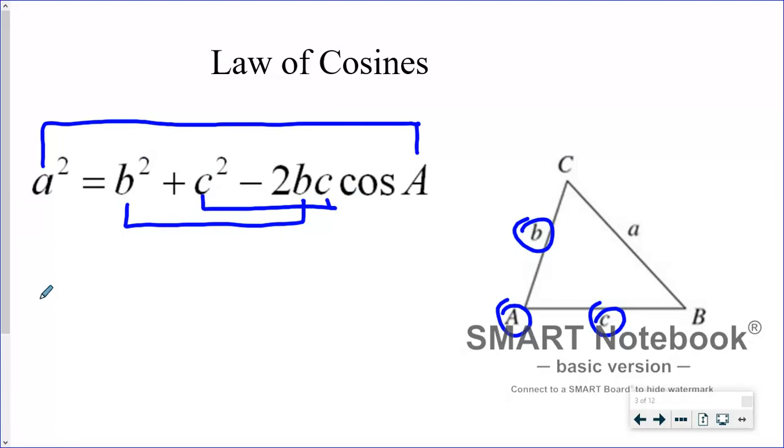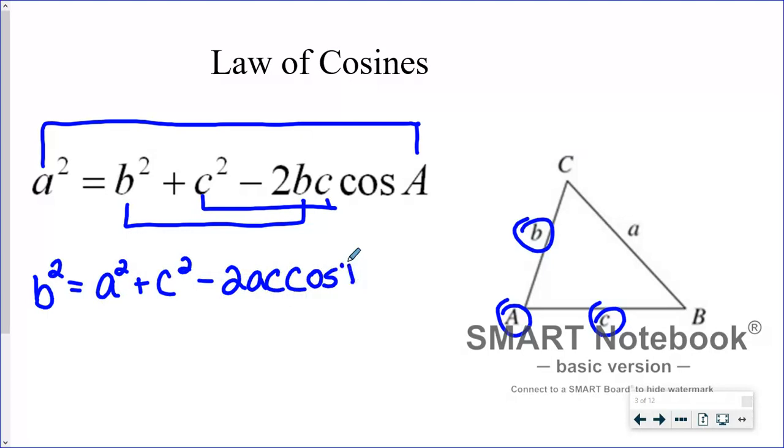So what I mean here is if we wanted to solve for side B, then b squared would equal a squared plus c squared minus 2ac times the cosine of angle B. That would work just fine as well, because B and B match up, and A and C match up.